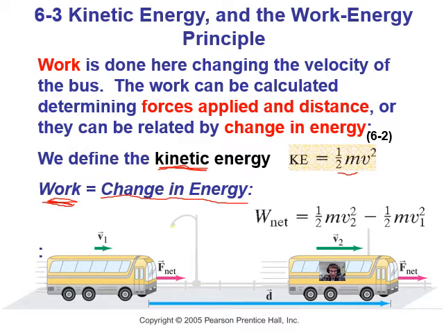Here's an example of a bus. Boom, circle. It has a velocity. If you apply a force, this could be the gas pedal. If you apply the gas pedal, your velocity will increase. That means you've done work to it. The engine has applied a force over some distance. You've done work, and that work has increased the speed of the bus.